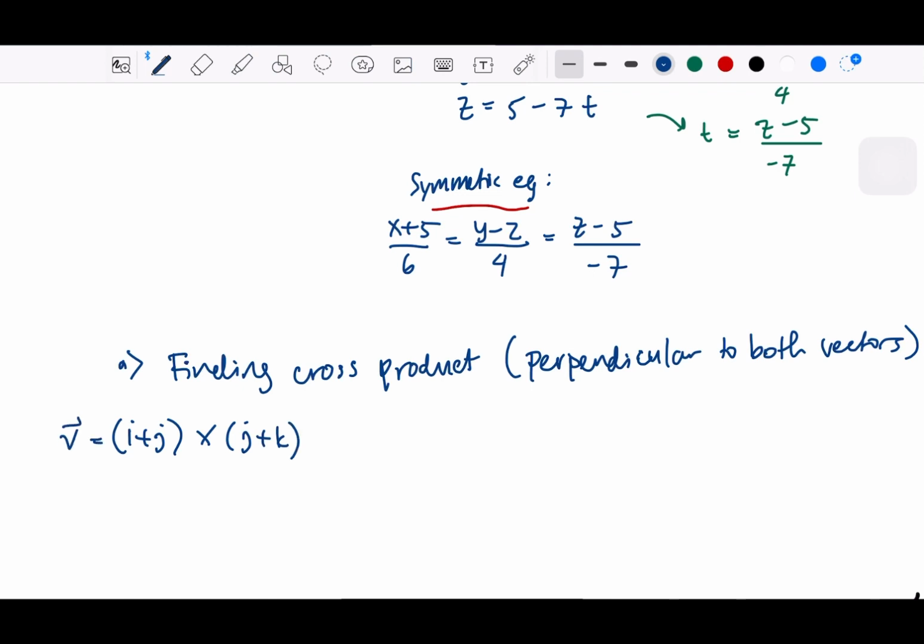So this is our direction, right? So we can take i, j, k, 1, 1, 0, and 0, 1, 1, right? And I'm usually adding this i and j again and write this. This is my typical way to check.